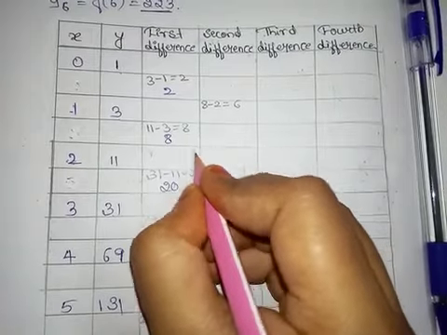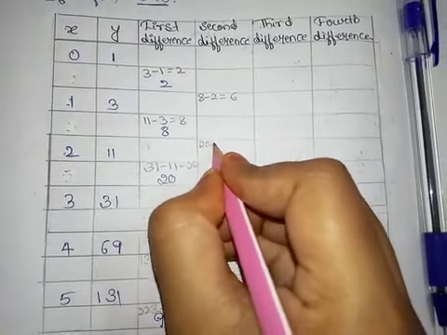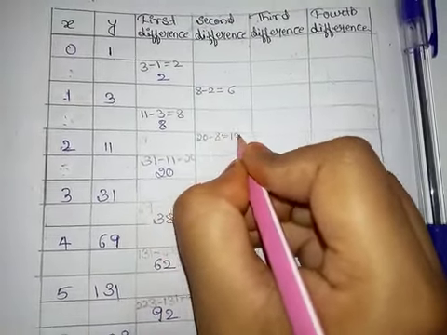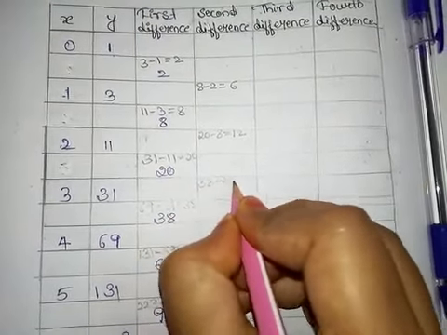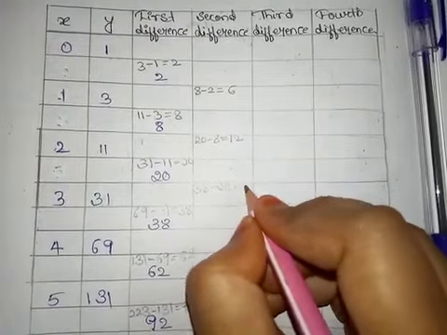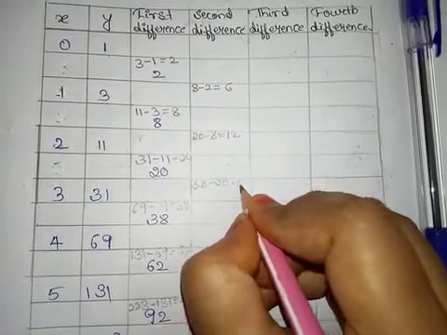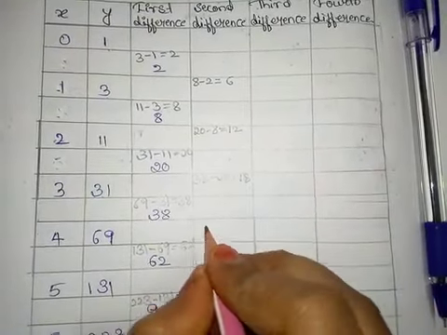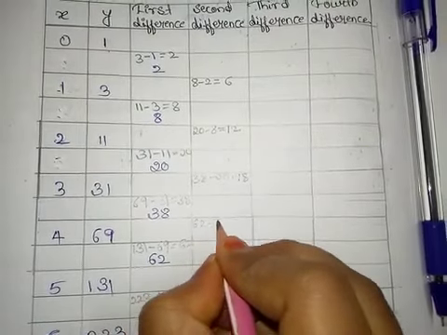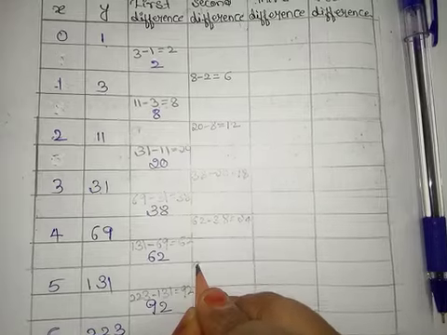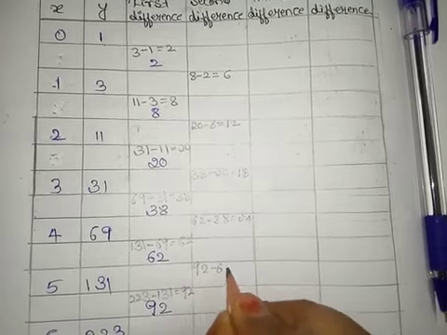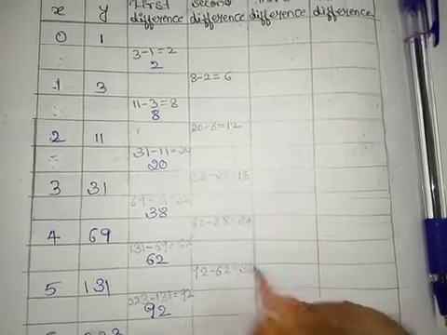Similarly, here in between these two, 20 minus 8 is equal to 12. 38 minus 20 is equal to 18, and 62 minus 38 is equal to 24. 92 minus 62 is equal to 30.